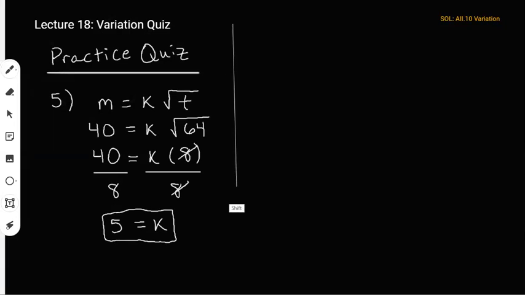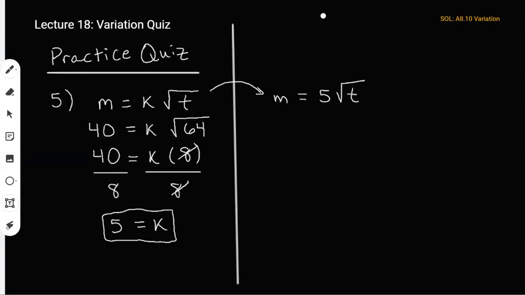So now on the right-hand side, what I'm going to do is take that original equation over, but I'm going to let k be 5. So I'm going to get m is equal to 5 times the square root of t. The last thing that it tells us in the problem is t equals 49.